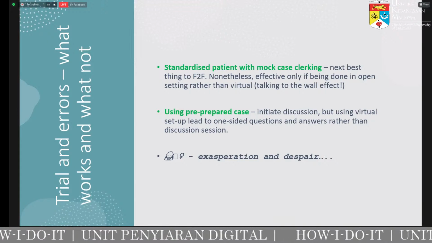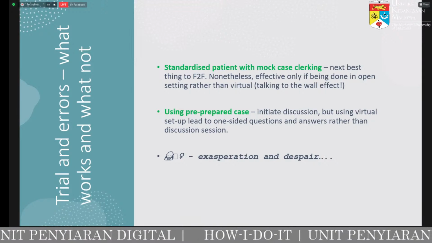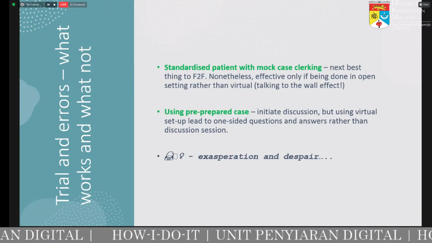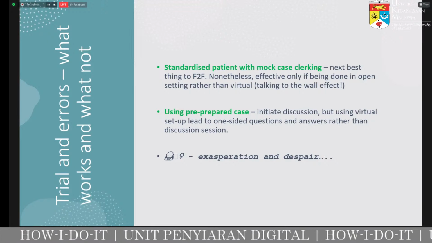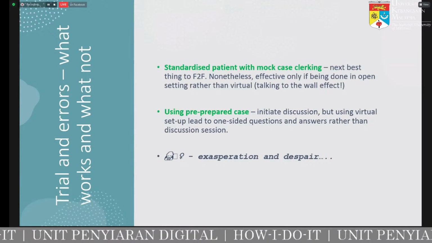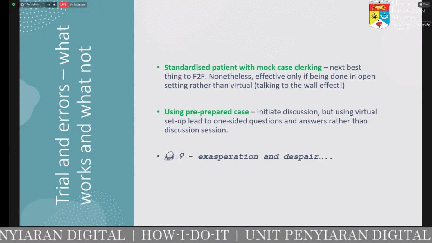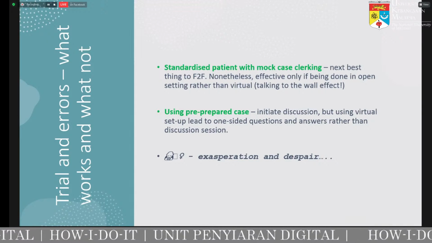Again, the talking-to-the-wall effect comes in, because only a few of the students will ask the SPs, and the SP will try to answer with what is scripted, not much more than that. So again, there is not much interaction. Let's say if you have 45 students in your group, maybe only 3 or 4 answer the questions or try to participate in the teaching and learning activities.